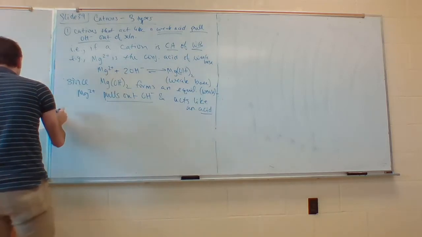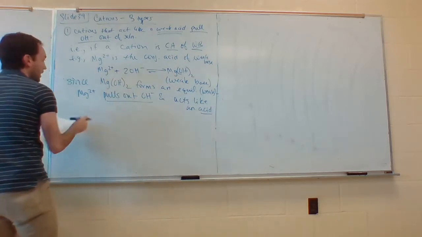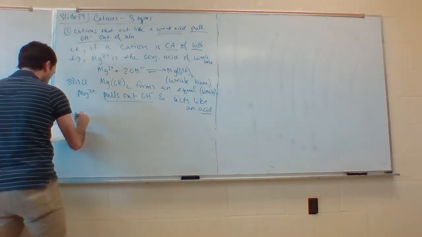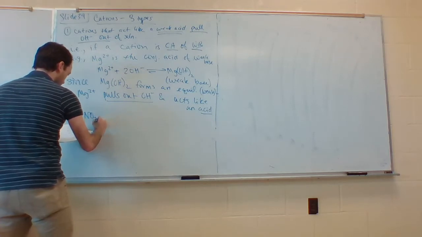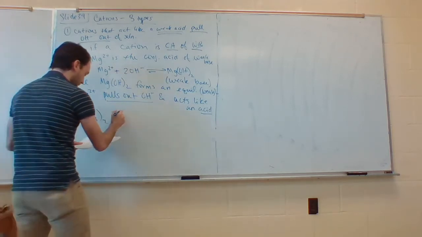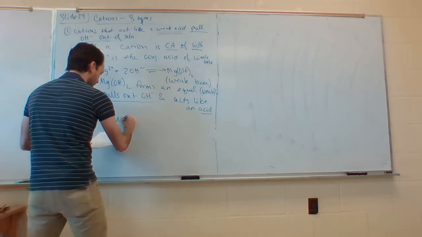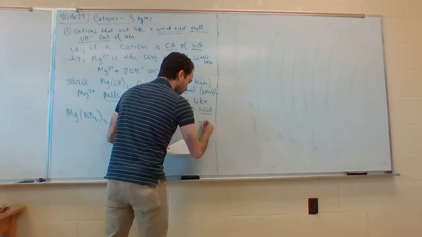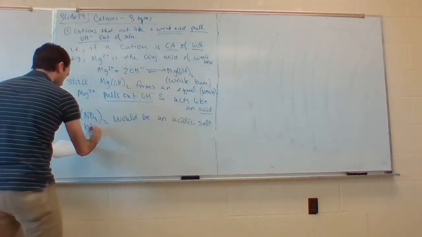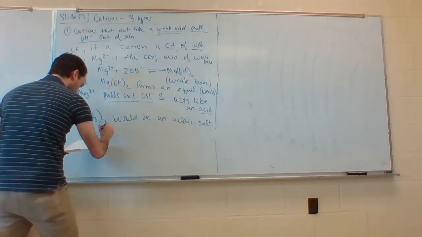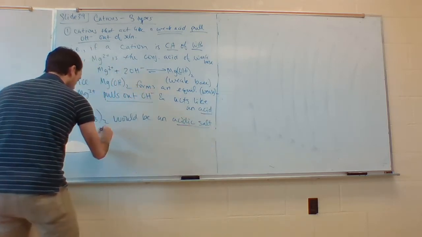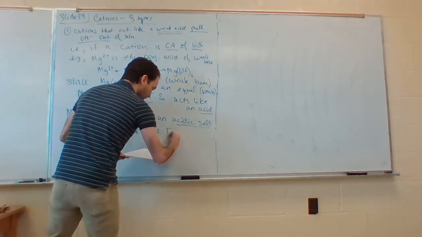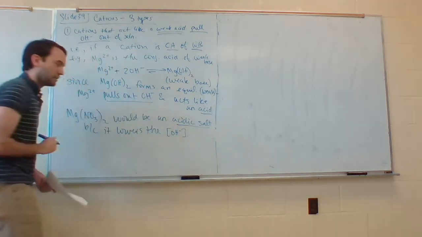That means that if I had something like magnesium nitrate as a salt, this would be an acidic salt because it lowers the concentration of OH minus.